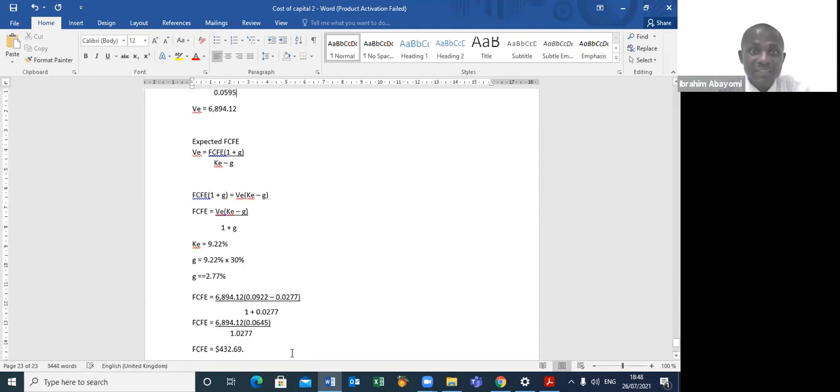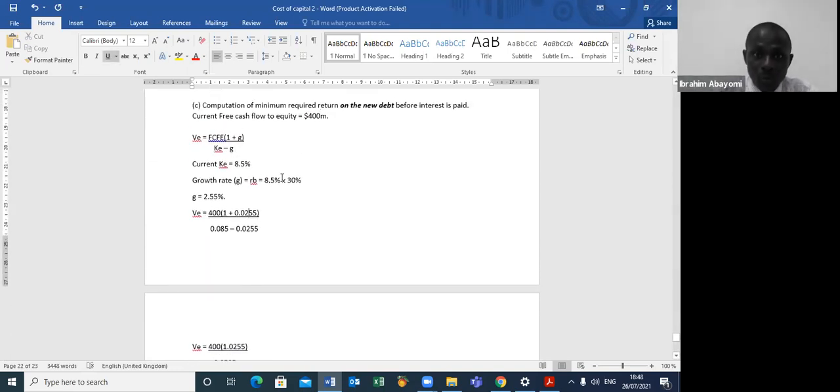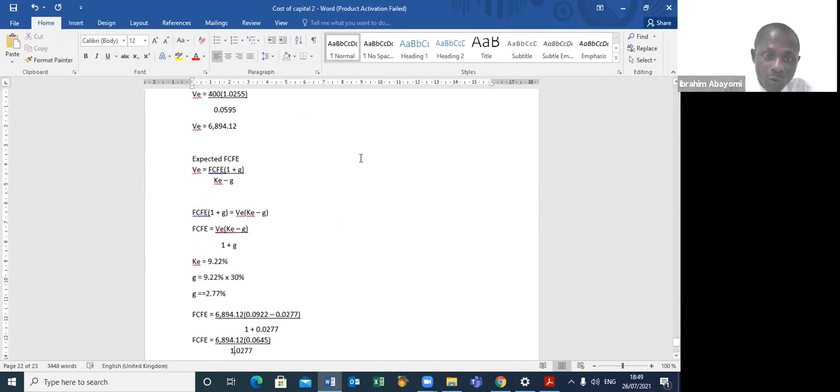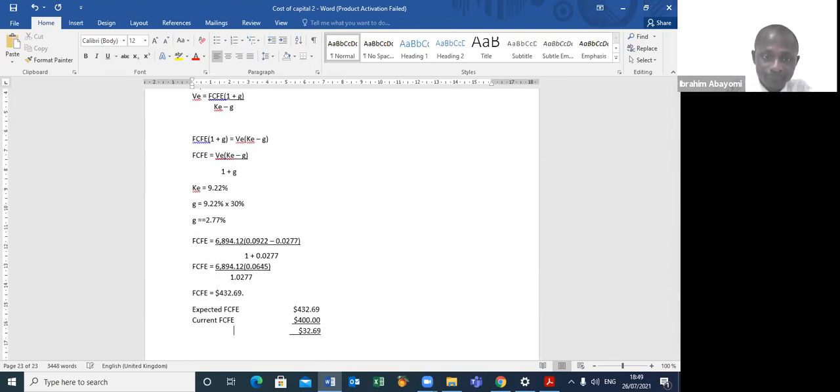The requirement is minimum required return on the new debt before interest is paid. No, free cash flow is not return. When the question says return, minimum return, required return, it means the question wants you to compute profit, not cash flow. Now, from my free cash flow, I can get my profit.